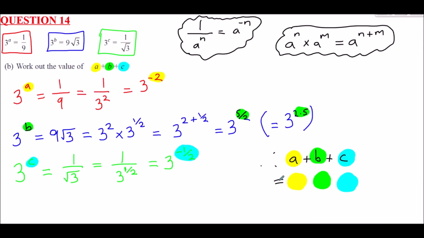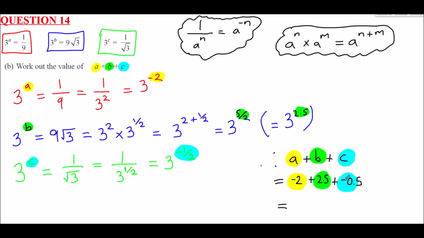So we said a was -2, b we had was 2.5, and c was -0.5, which I'm going to put as a decimal, which is -0.5. Now, this is where you need to have some conviction in your calculation. So, -2 plus 2.5 takes us up to positive 0.5, then we're minus 0.5.